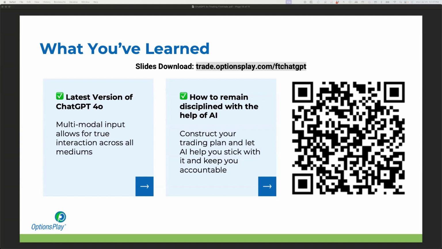But you have to first be able to articulate your rules before it can do the interpretation. You can't just say, find me the best strikes, because it doesn't know what "best" means. So you have to help ChatGPT define what best means for you, and then it can do the work for you, if that makes sense.